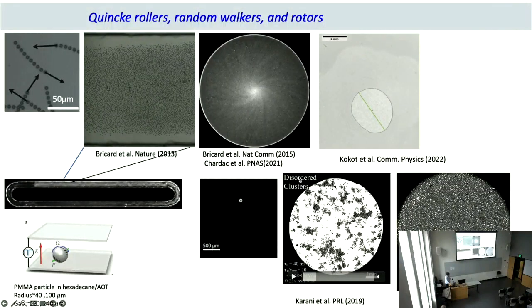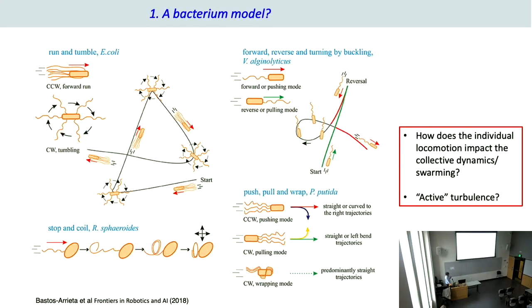So the first thing I wanted to discuss is, and we'll see how far we go with the time, there were two questions I wanted to address. Can we use the Quincke rotor to create a bacterium-like entity and study the collective dynamics of bacteria in a very systematic way? In order to create bacteria, we need to mimic the individual locomotion.